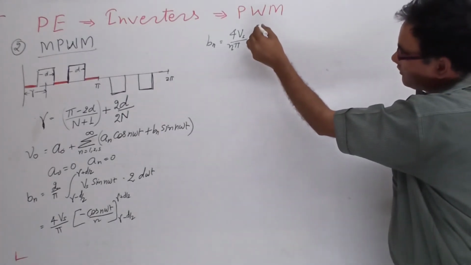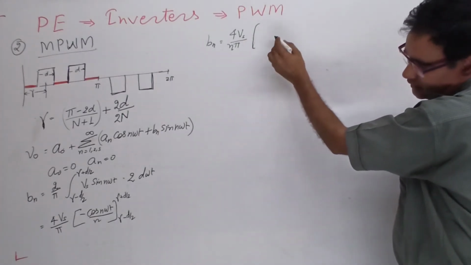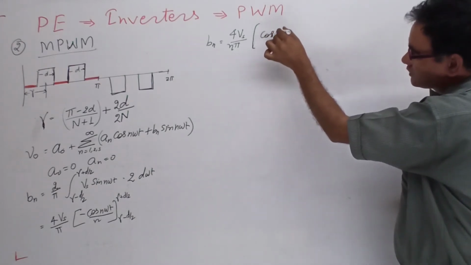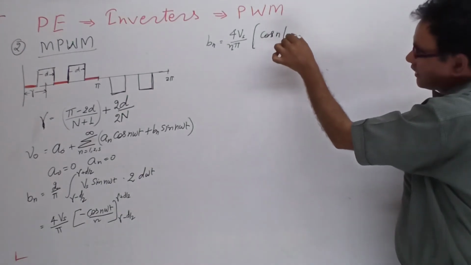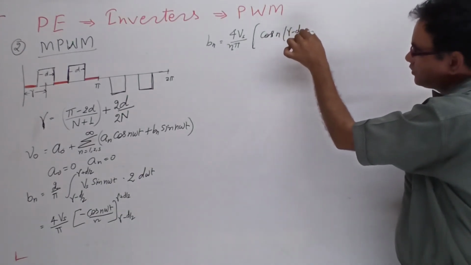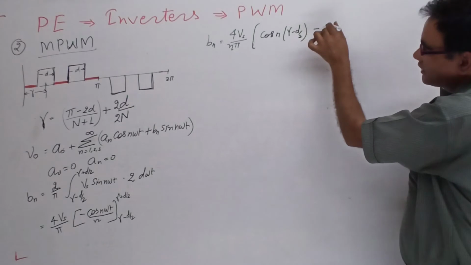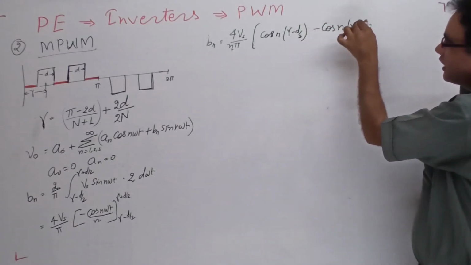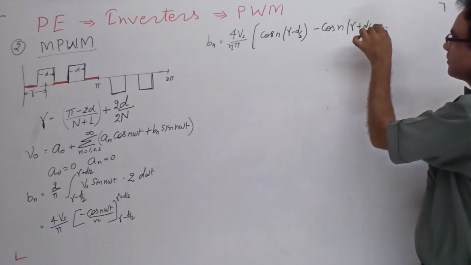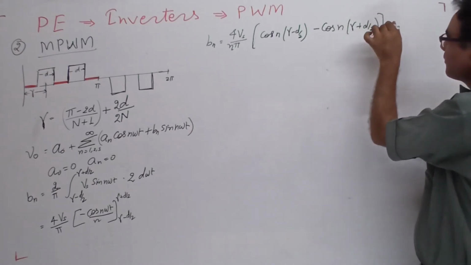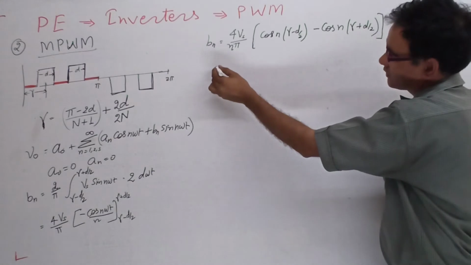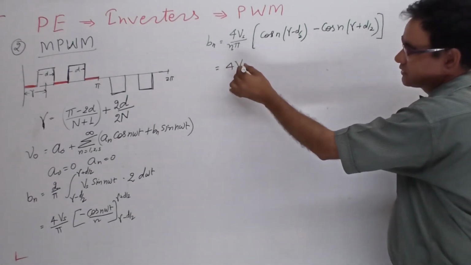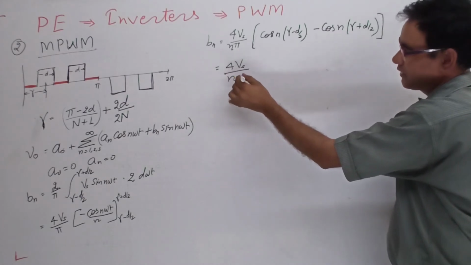And when we are putting the limit, it is cos(n gamma minus d by 2) minus cos(n gamma plus d by 2). Okay, so it is 4 Vs upon n pi.